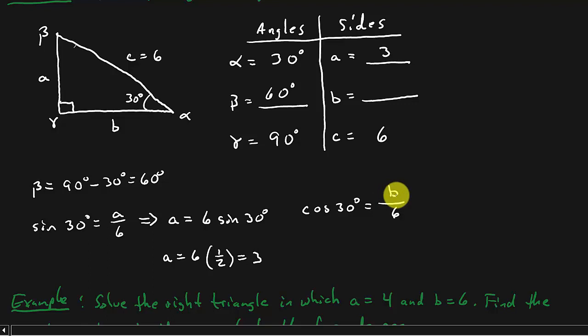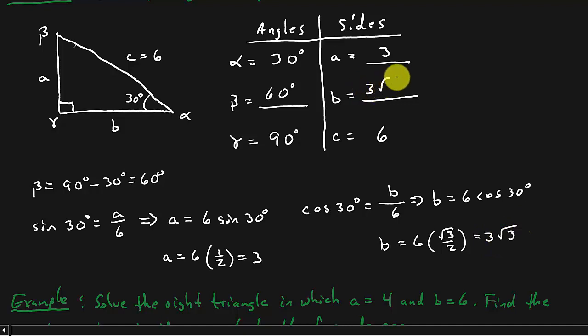So B is equal to 6 times cosine 30 degrees. Cosine of 30 is square root of 3 over 2, so B is 6 times square root of 3 over 2, which is 3 square root of 3.